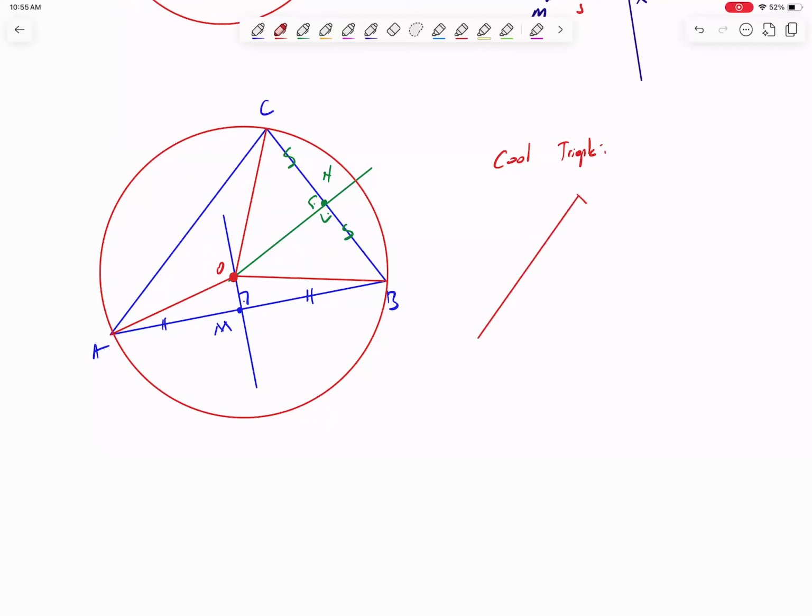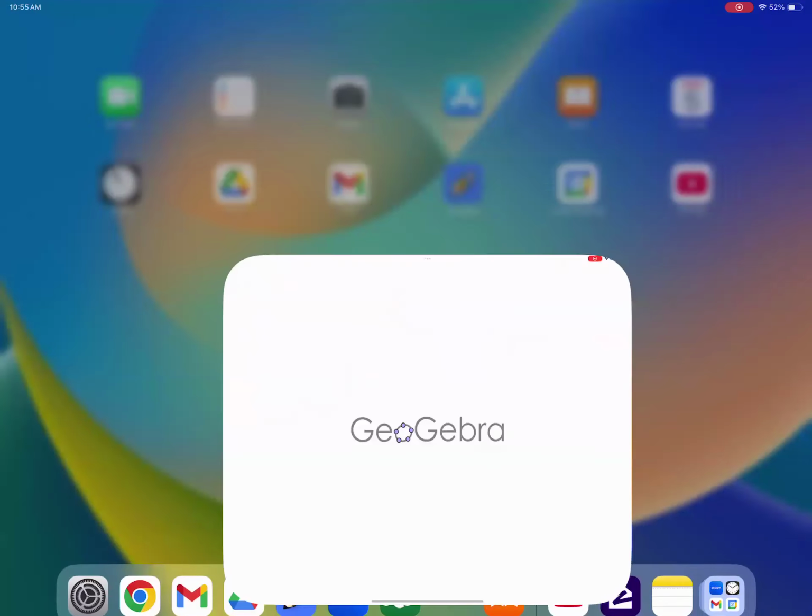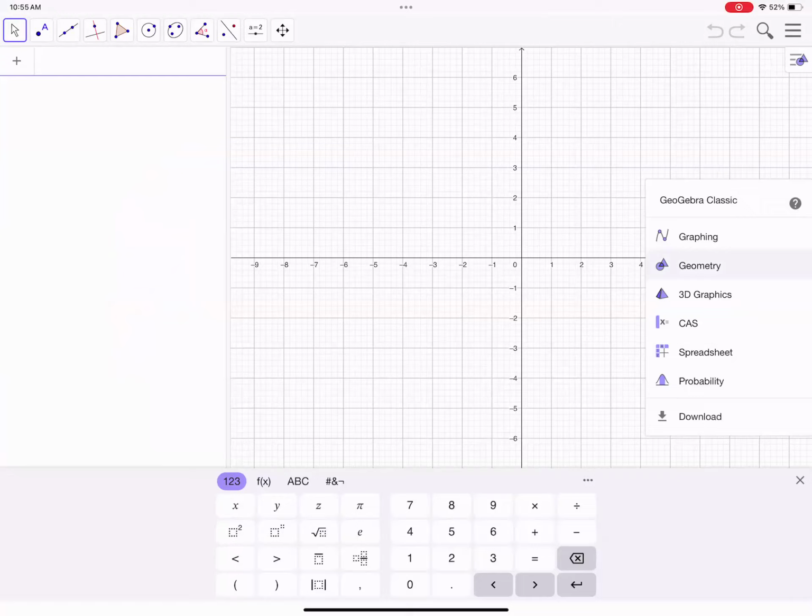We have a triangle, and this is given: we have a point here, and these are all congruent. This is the cool triple. This triangle must be a right triangle because this must be the circumcircle of the triangle. Let's draw the circumcircle on GeoGebra and explain that cool triple after that.